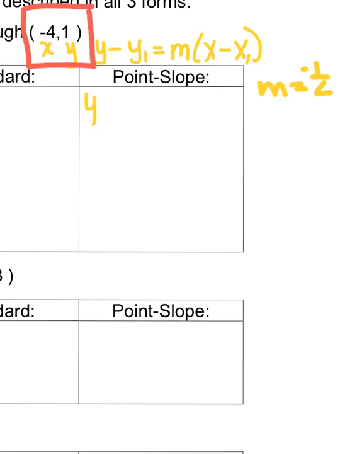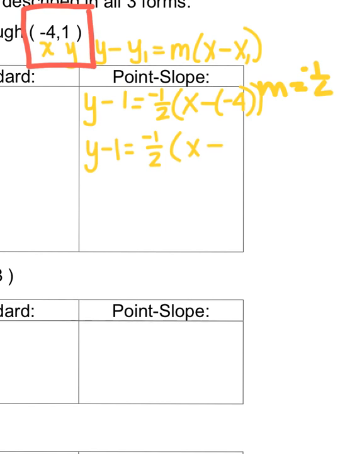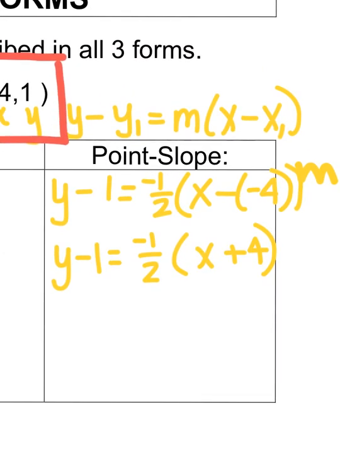Let's substitute our point into the equation. y minus y1, which is 1, equals the slope, which was -1/2, times x minus x1. Now let's clean that up a little bit. What I mean is simplify any minus and negative that you have. So instead of x minus -4, that would be more simply x plus 4. So now we have our point-slope form.